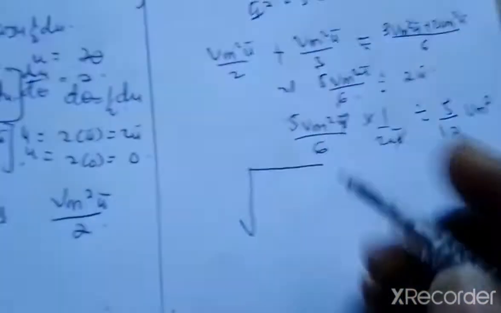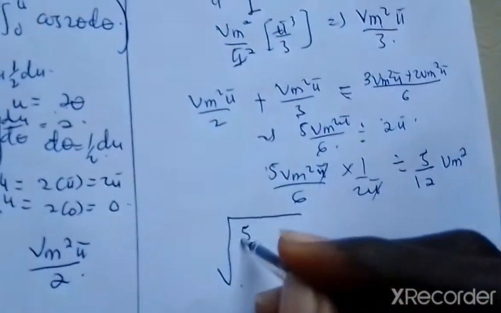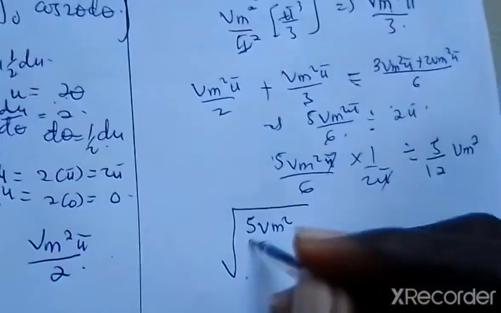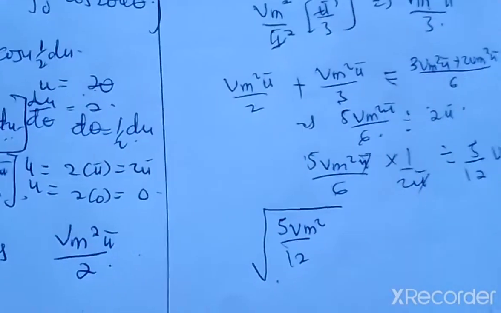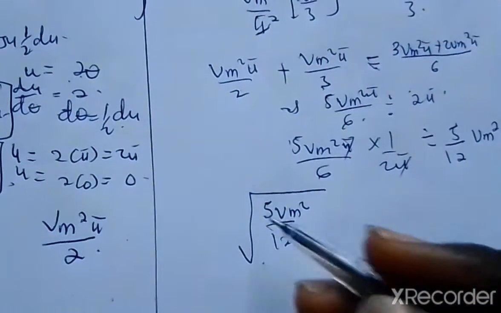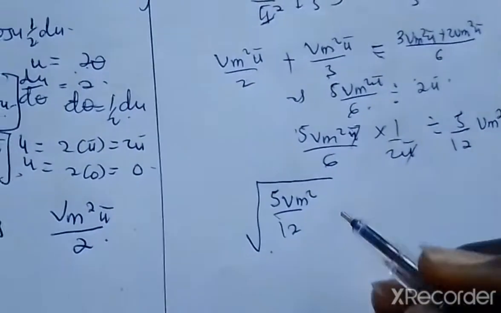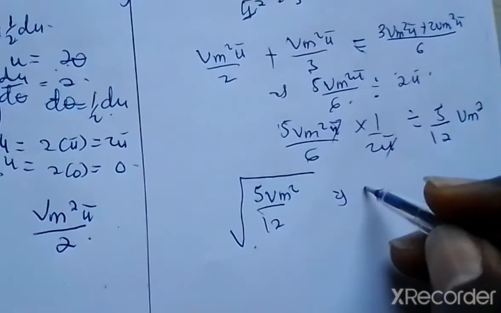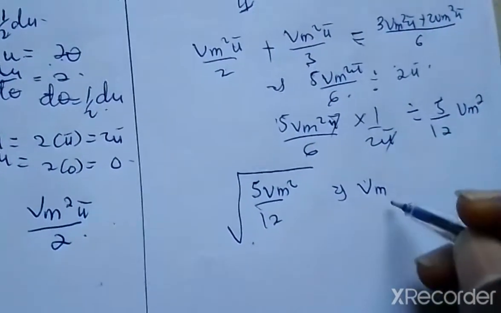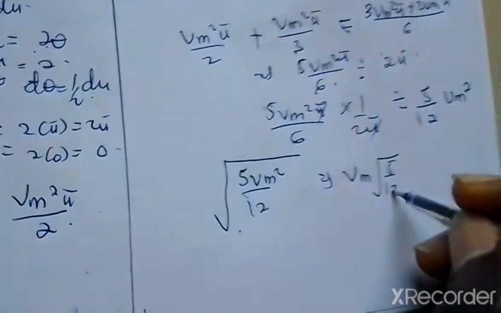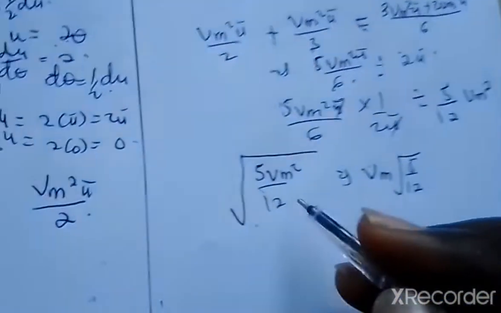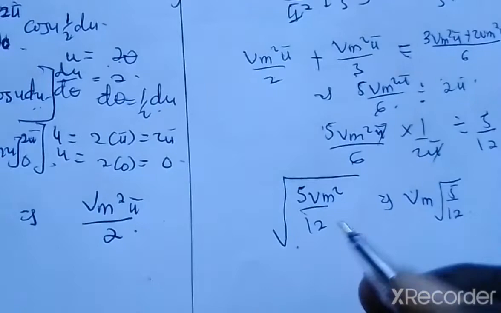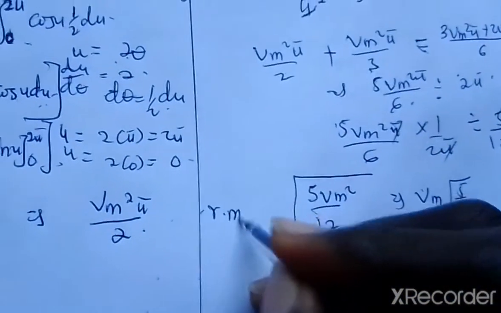So the square root of 5 Vm squared on 12. Here Vm can even come out, but this is the actual solution. So this can also be equal to Vm root of 5 on 12, which is the final solution to find our RMS of this whole waveform.